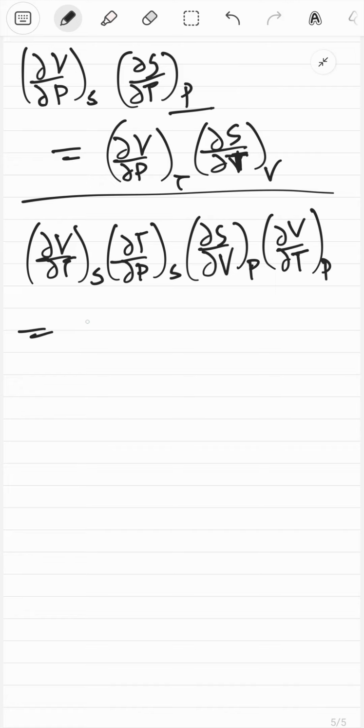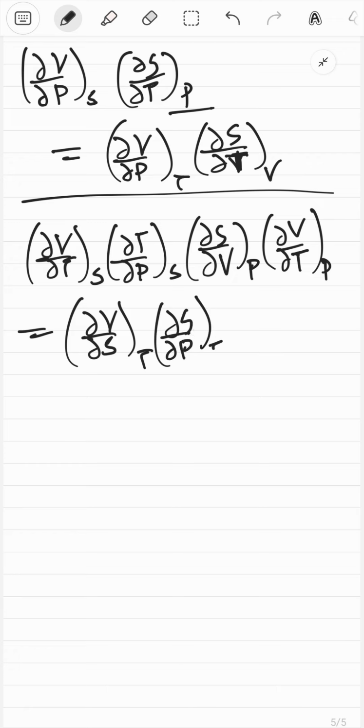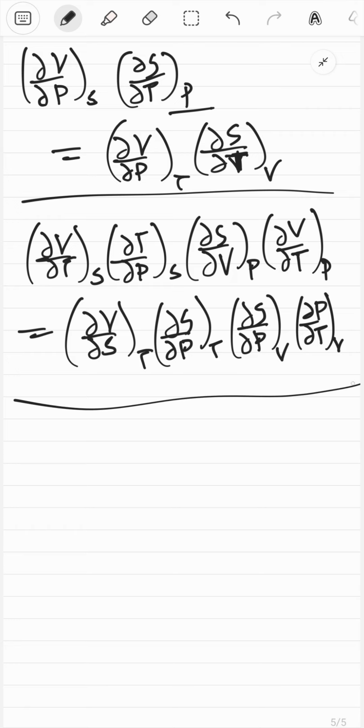That's equal to partial V by partial T at constant temperature. That is weird. Okay, this shouldn't be the case. Okay, at constant entropy, at constant temperature, and then partial S by partial P at constant temperature, partial S by partial P at constant volume, partial P by partial T at constant volume. Okay, this is stuff that you can probably deal with. Okay, so now this is done.